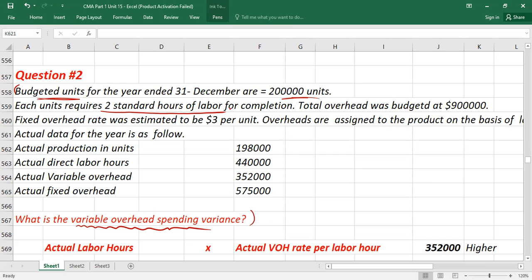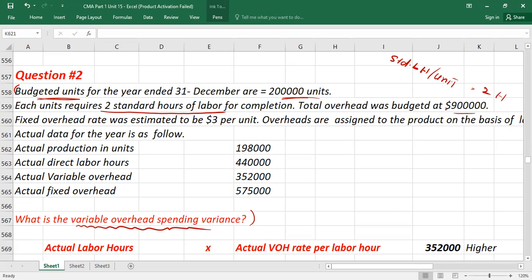Actually, I can say it is standard labor hours per unit, 2 hours. And budgeted output is 200,000. Then total overhead was 900. Total means it is variable and fixed both.